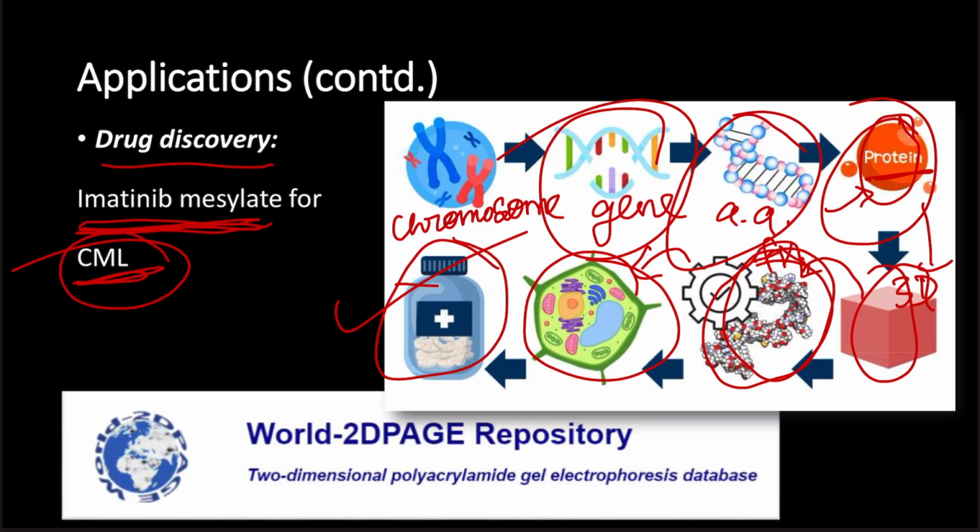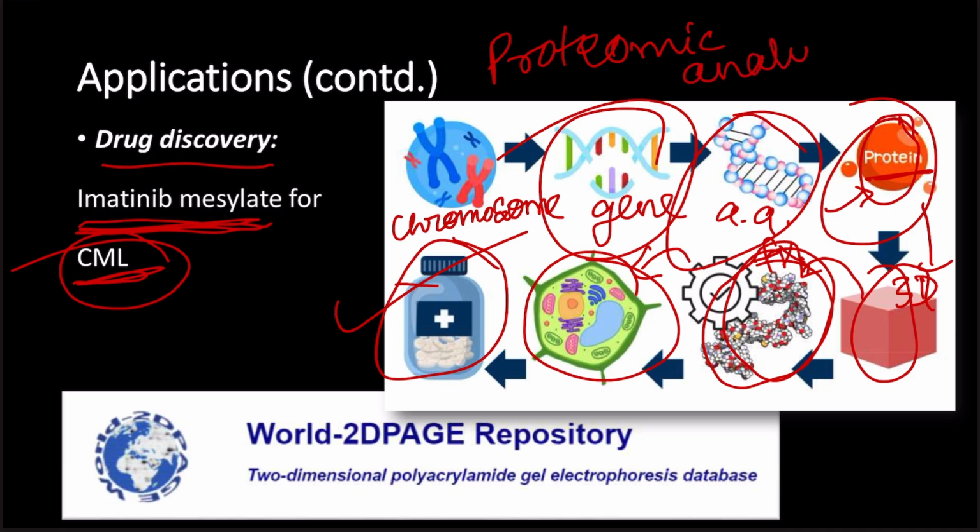And when we do the analysis of proteins and we compare the proteins of a normal individual to that of a pathological state, that is what we call proteomic analysis. And if we use gel electrophoresis in that proteomic analysis, then it is called gel electrophoresis proteomic analysis.